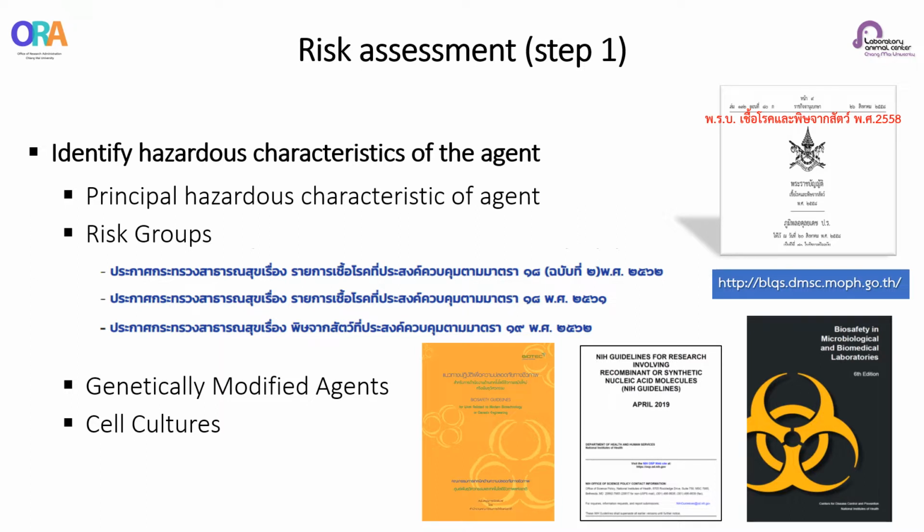In particular, an agent naturally present in the same geographical area where it is studied is called an endemic agent, while one naturally present in other geographic locations is called an exotic agent. Genetic characteristics are also considered.